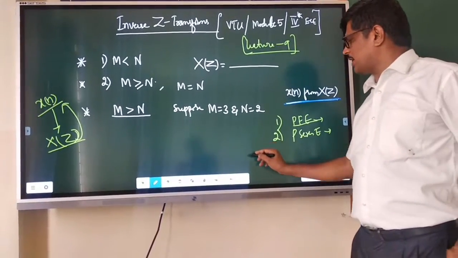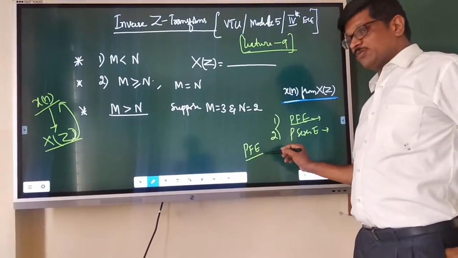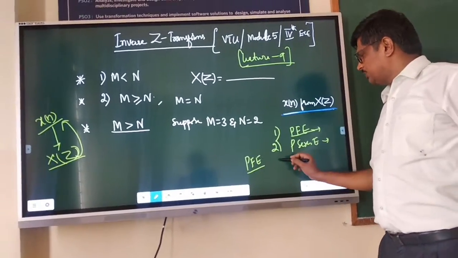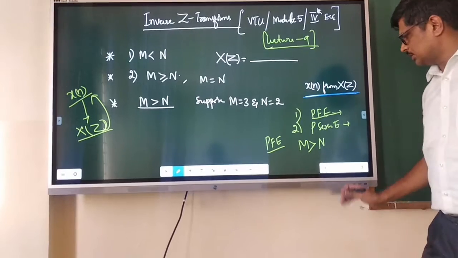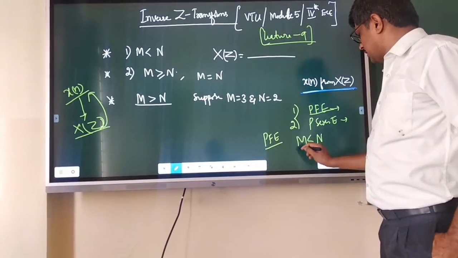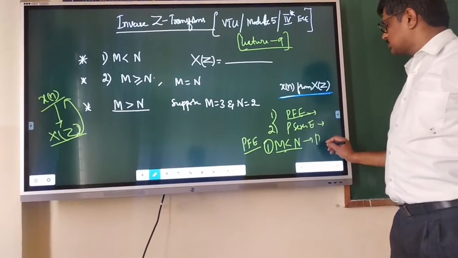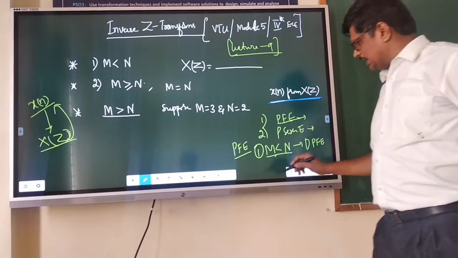In partial fractions expansion, X of Z is a ratio of polynomials. We studied the condition where m is less than n, using the direct partial fractions method, which we discussed last class.